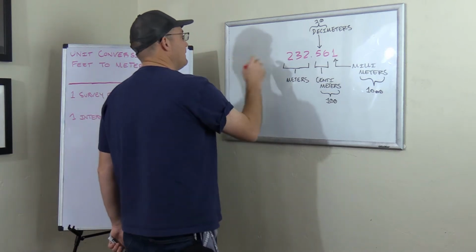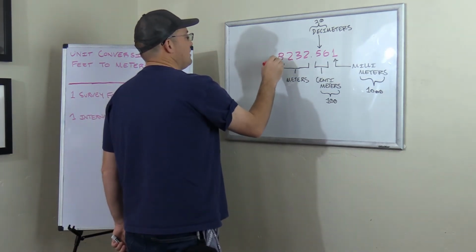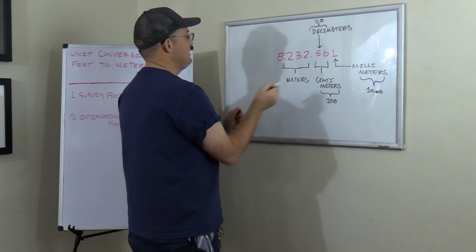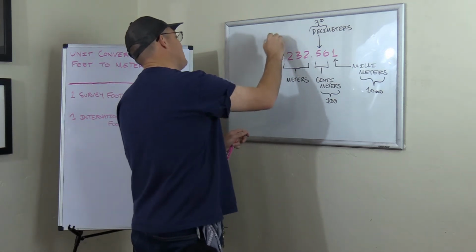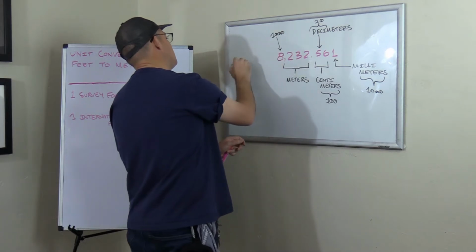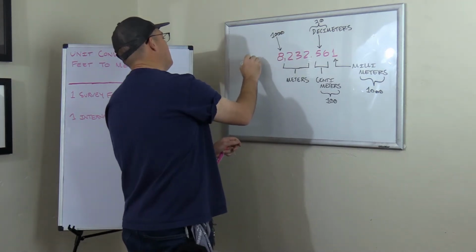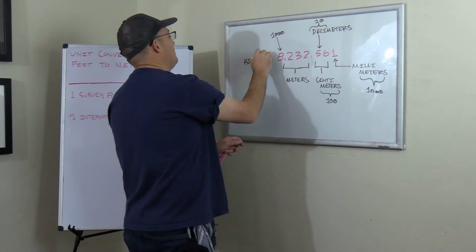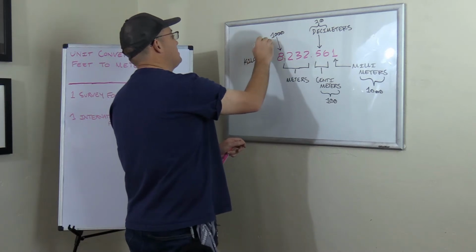So if I put an 8 on the front over here, now this is the 1,000. This is 1,000 meters, and 1,000 meters is a kilometer.